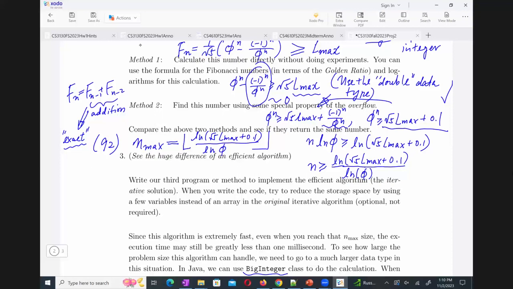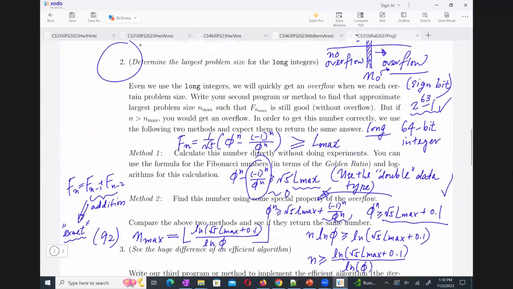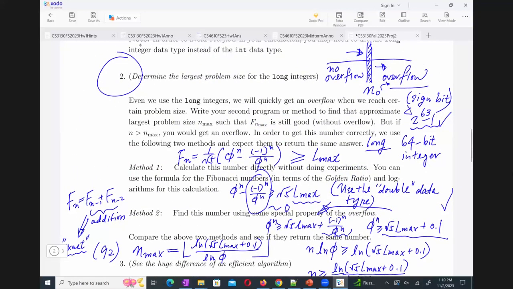For example, you calculate a Fibonacci number and you get a negative number. Why negative? Remember the sign bit? I mentioned the sign bit. If the sign bit is 1, it's negative. When the sign bit is 0, you get a positive. So your Fibonacci number becomes a negative number.